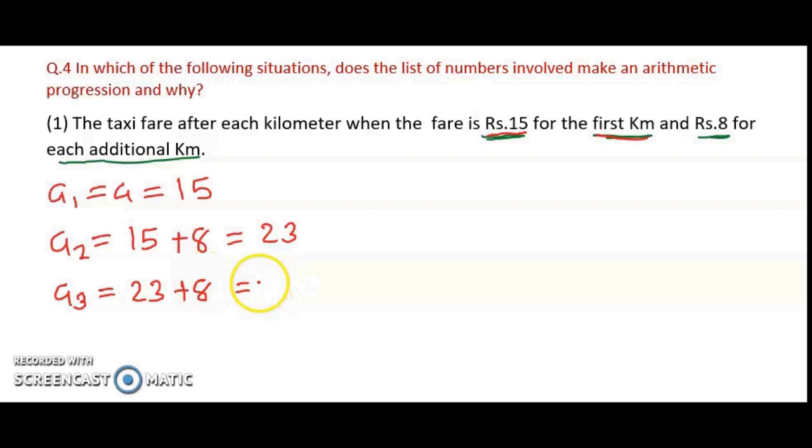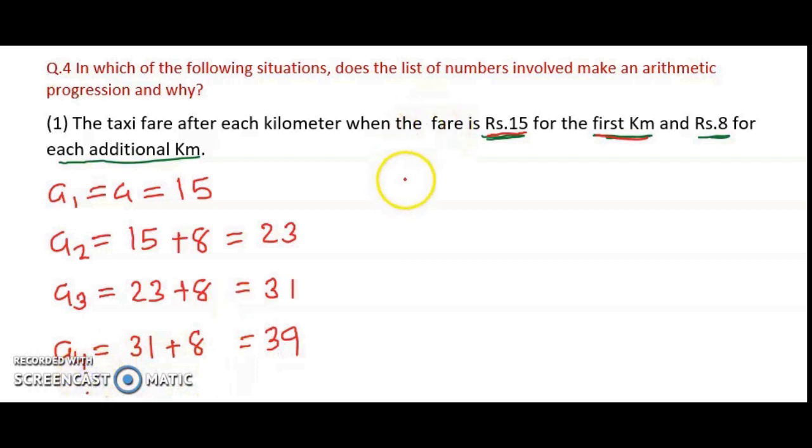So the fare for 3 kilometers is 31. And same way, for the fare for 4 kilometers, we add 31 plus 8. So for 4 kilometers the fare is 39, and so on.